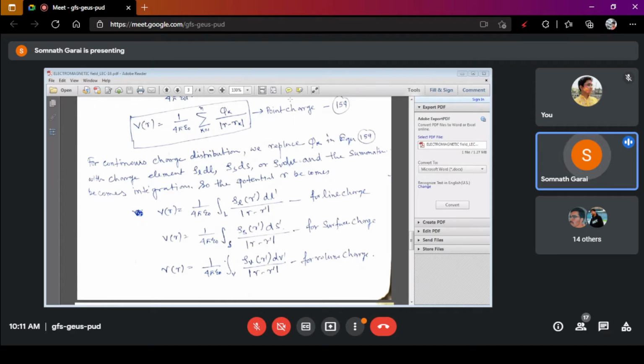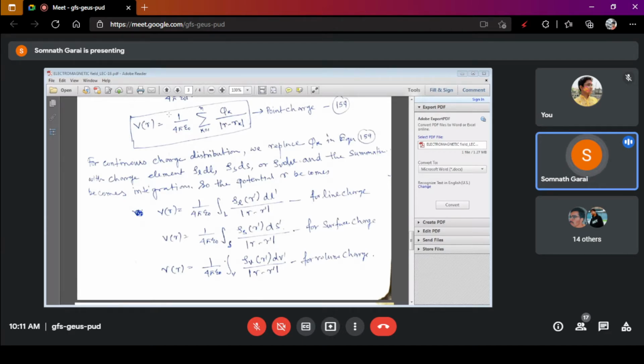For continuous charge distribution, this qk is replaced.